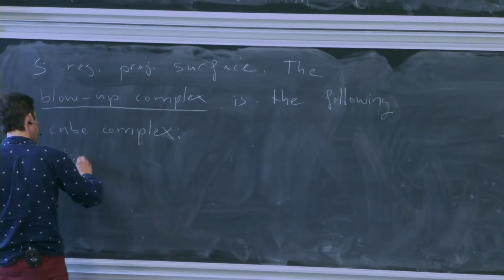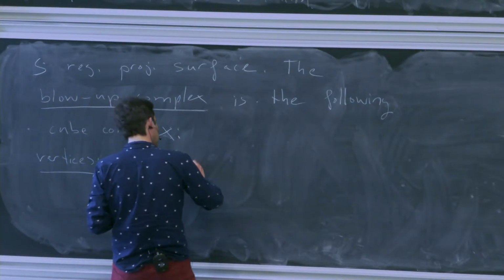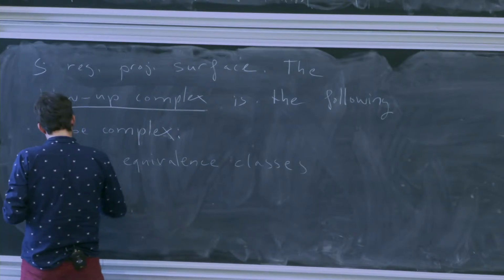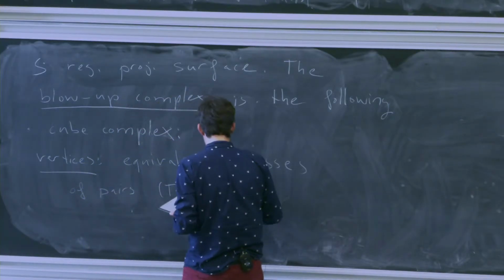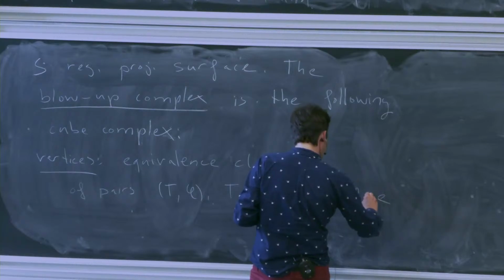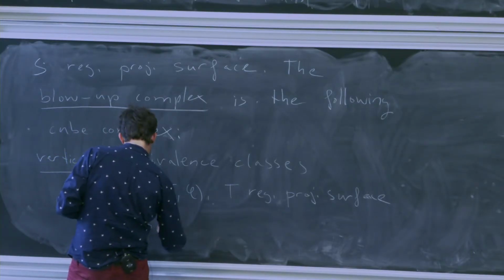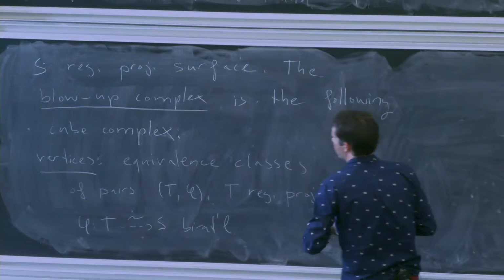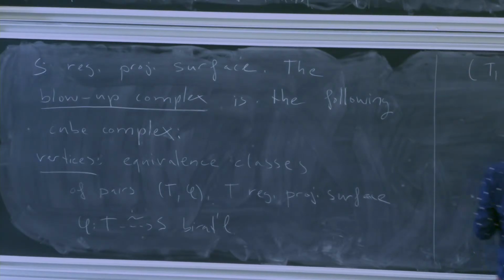So the vertices are equivalence classes of marked surfaces, of pairs (T, phi), where T is a regular projective surface and phi is a birational map from T to S. Two of those are equivalent if they only differ by an isomorphism.